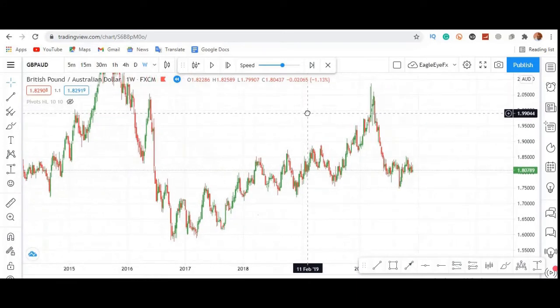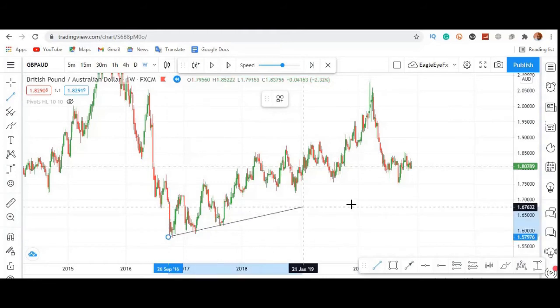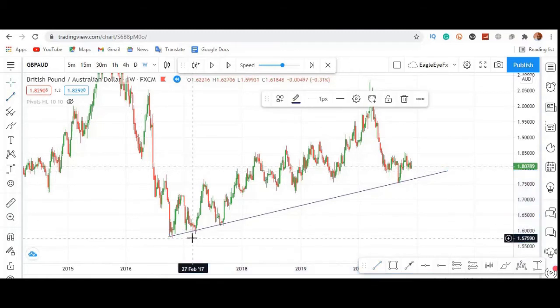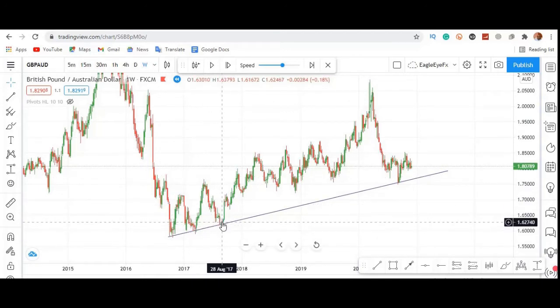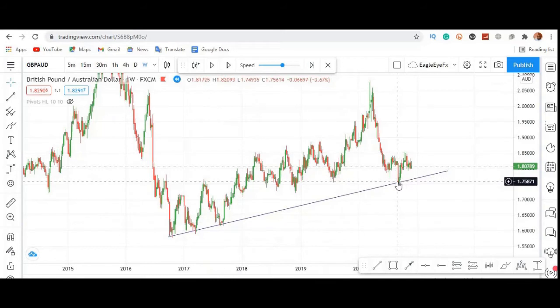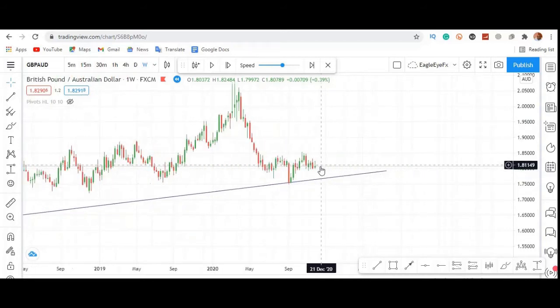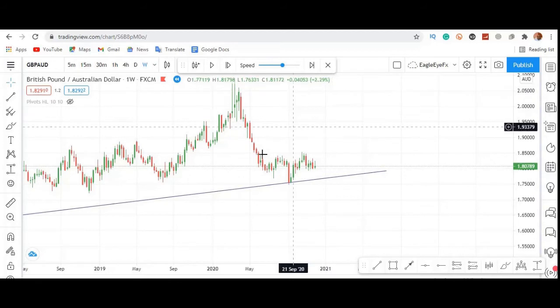When I look at the market, I can see that the market is on an upward trend, so definitely I am looking for buying opportunities, because you can see that when the market touched here, it went up, came back here again, went up all the way here, and it has come back, is going up, and I think it's coming to test back this zone, because I can see a very strong rejection here. So I believe it's coming to test this zone or this trend line before it shoots up.